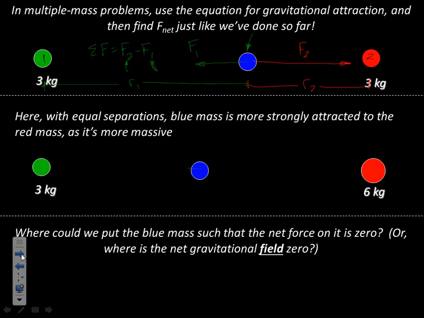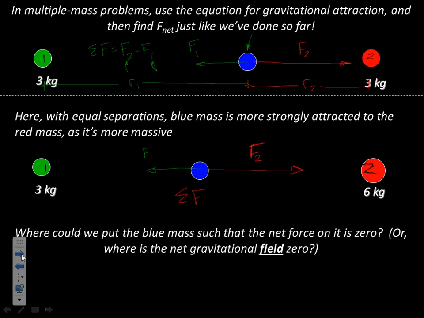Now, here's a case where the separations are equal, but now the masses aren't. So, again, I'll say F1 looks like this. This is number 1. And this is number 2. F2 has to be bigger, since mass 2 is bigger.